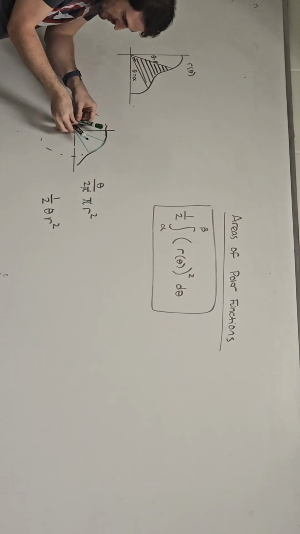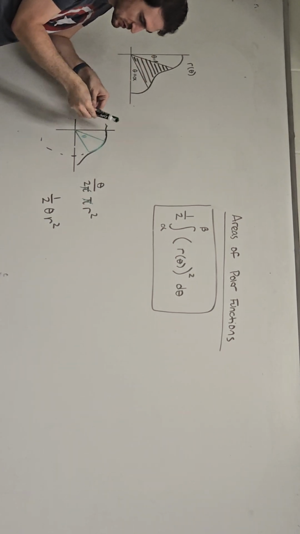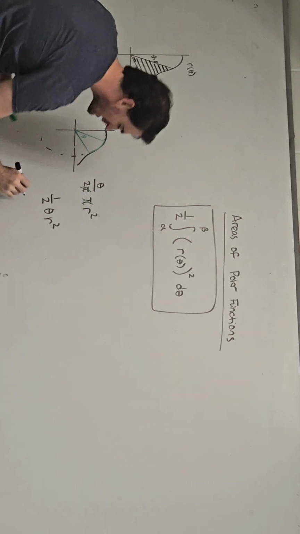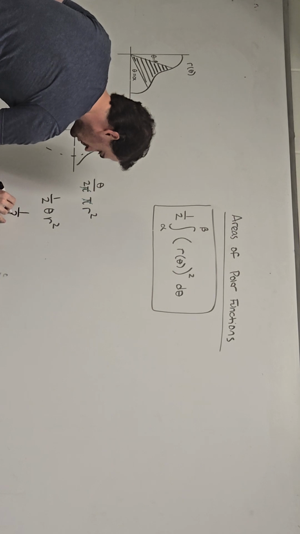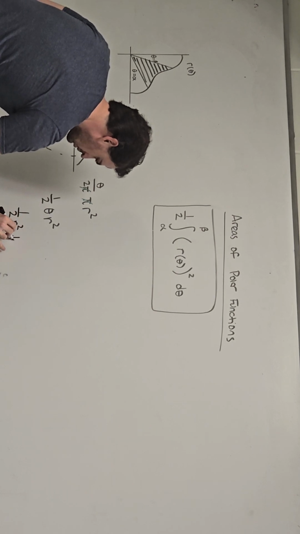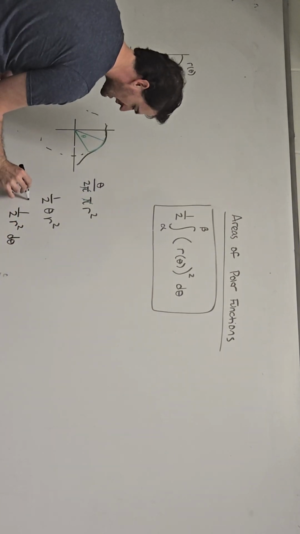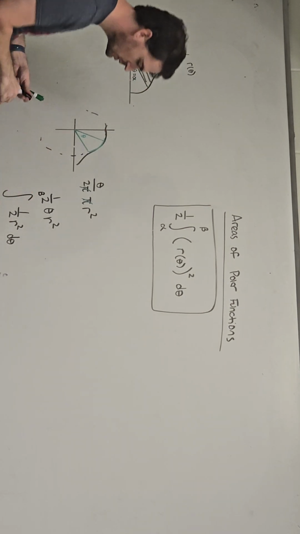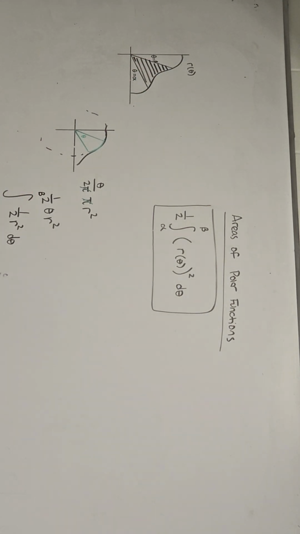Here I want the angle to be super tiny, a super thin wedge, so I want a d theta. And then we just add all of those wedges together from an angle of theta equals alpha, all the way up to theta equals beta.